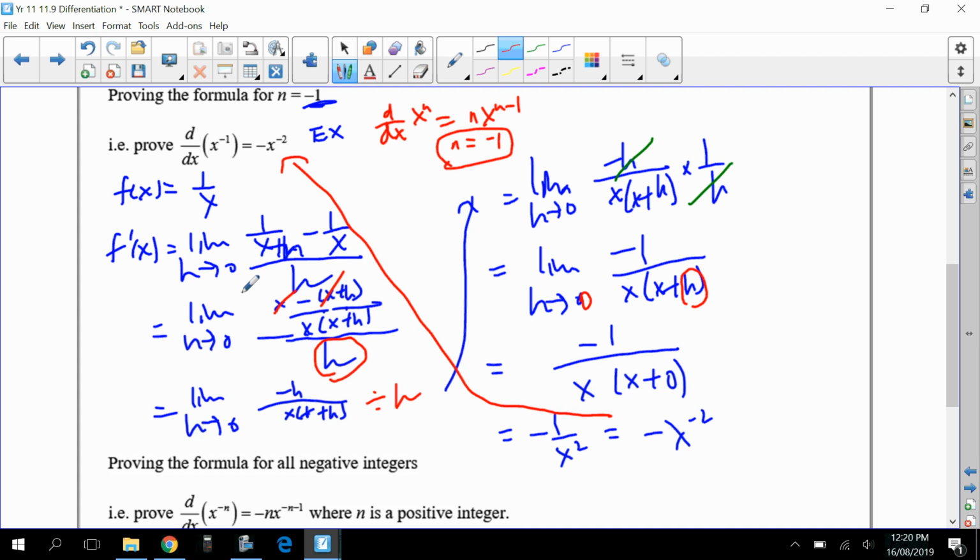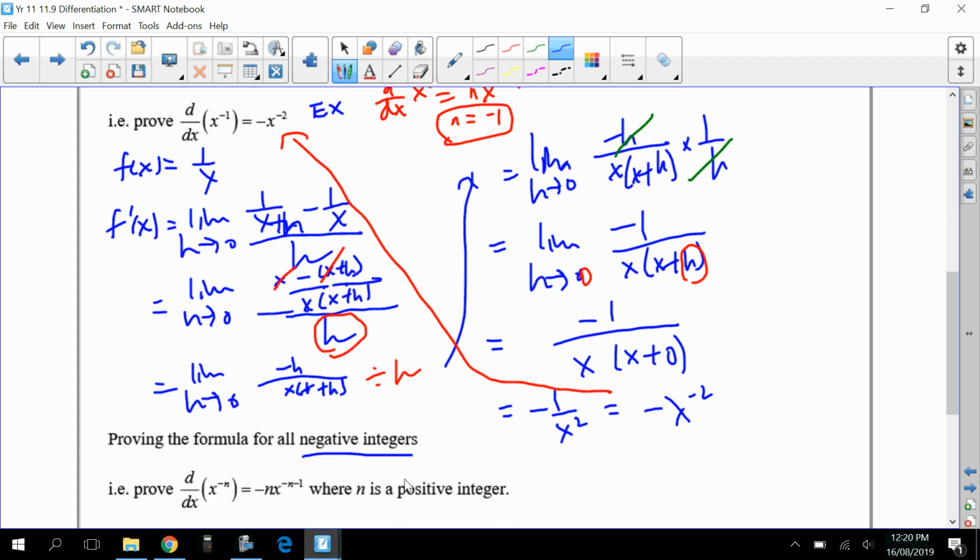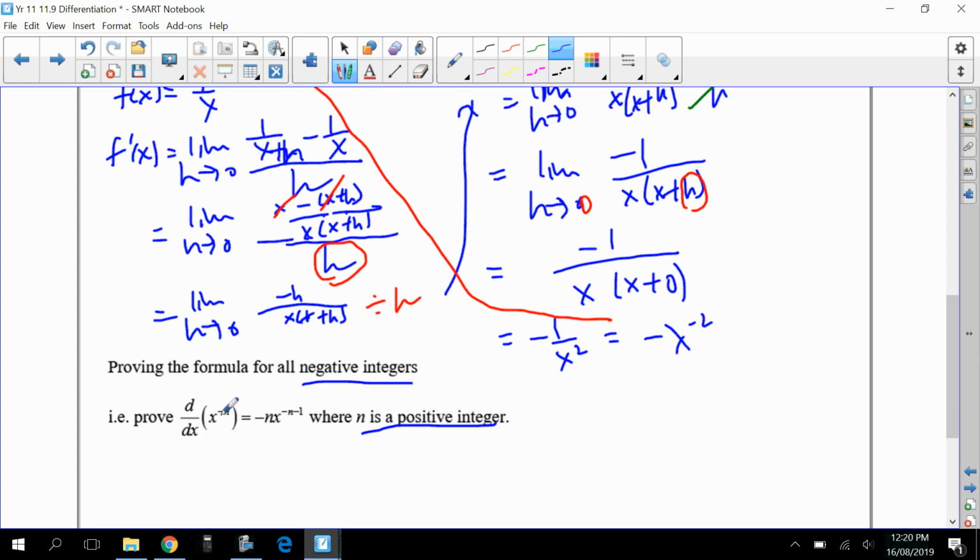Okay. Once it's done, then we can prove it's true for any negative integers. And to prove it's true for any negative integers, that's when you have to prove this. When you differentiate x power -n, bring the -n down, subtract 1 from the power, where n is a positive integer. So we want to prove this is true.